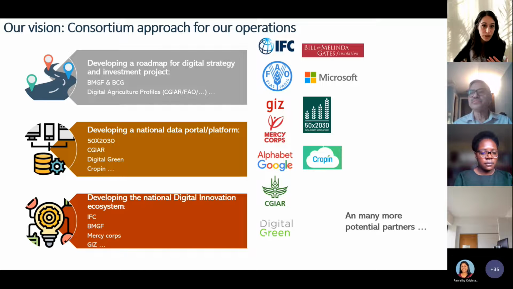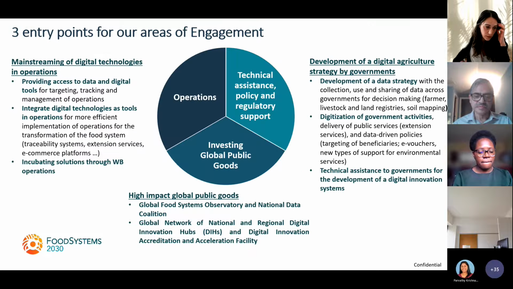Of course, you all know about CGIAR, but there are many other private sector entities we could work with. And when it comes to the innovation landscape, we have, of course, IFC, which can support investments, but many other actors who can help us and support some of the innovations that we believe would be interesting in the context of our operations.